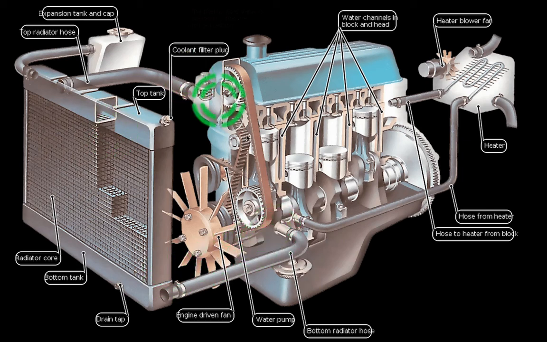So remember the thermostat, like how I was saying, that was to prevent the cold water from entering, so that the temperature in the engine rises as quickly as possible. But the other function of this is also to maintain a pressure.